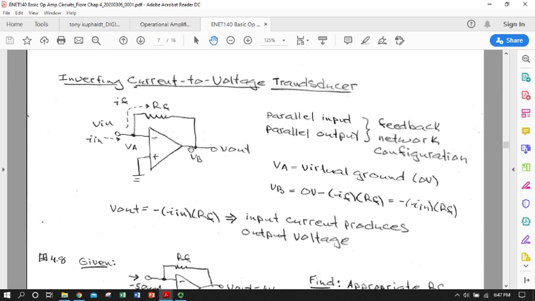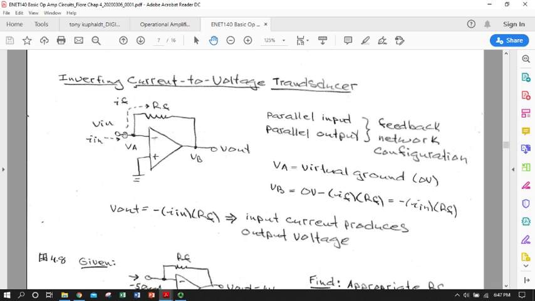Otherwise the same, so same kind of configuration. We have the non-inverting terminal grounded. We define our node here at the inverting terminal. I like to call it V sub A. It's just easy to see. I have a current signal coming in. This time a current, it's labeled as voltage, but it will result in a current signal.